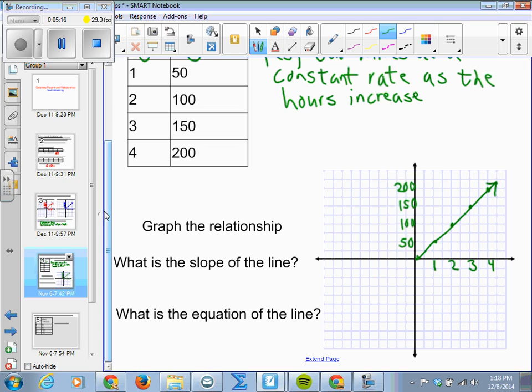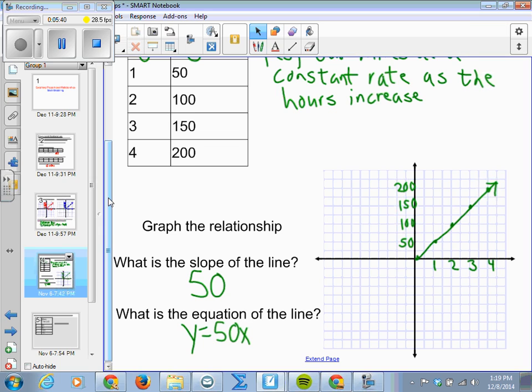The slope of the line, remember from a couple units ago, is rise over run. So we go up 50 over 1. Our slope is 50, which makes the equation of this line y equals 50x. Whatever the hours are, which is the x, multiplied by 50, gives us our y. That's our slope-intercept equation, from a couple units ago when we learned how to do these.